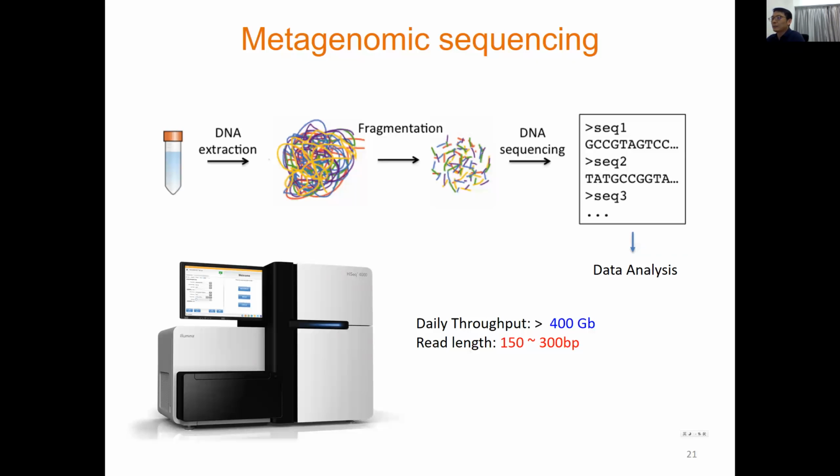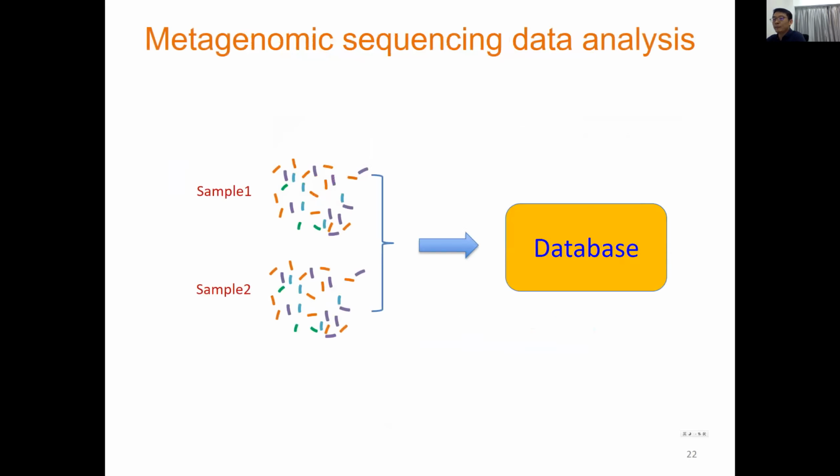Therefore, they haven't been widely used. Due to the short sequence length, sometimes we need to do assembly first to get a longer sequence before conducting further analysis. And for metagenomic data analysis, there are many different methods.